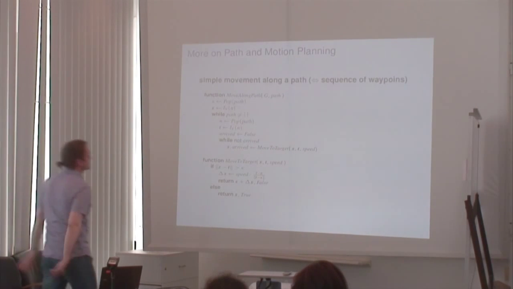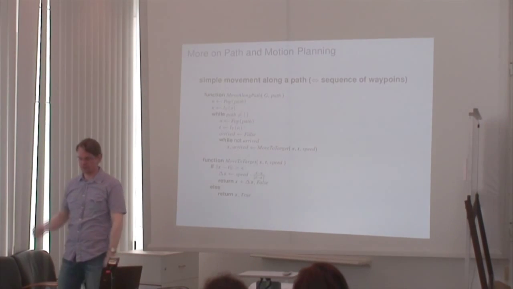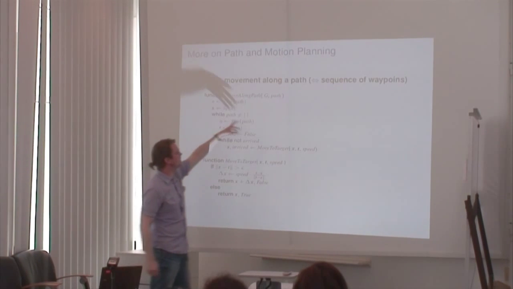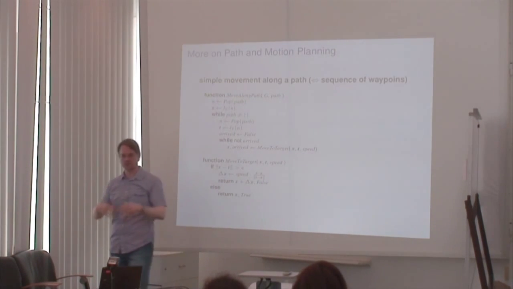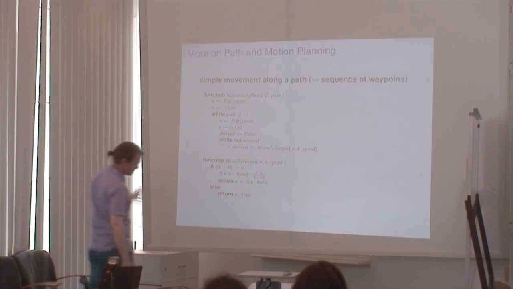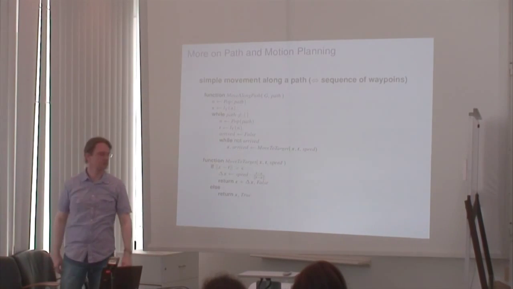So this is, for instance, how you could use these move to target functions in order to actually walk along the path. Say we are given the graph G, and we have the path, which is a sequence of vertices, starting from the vertex we call the source node, and ending in the vertex we call the target node.